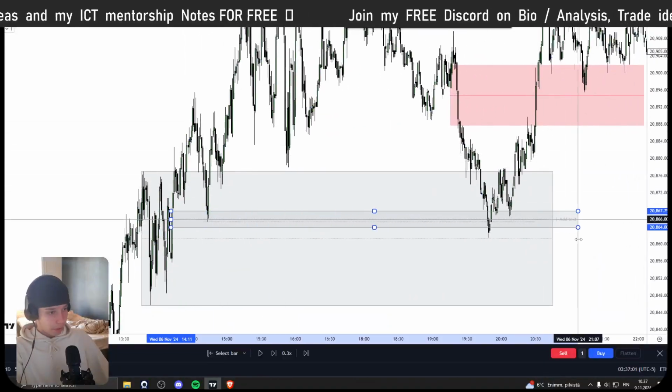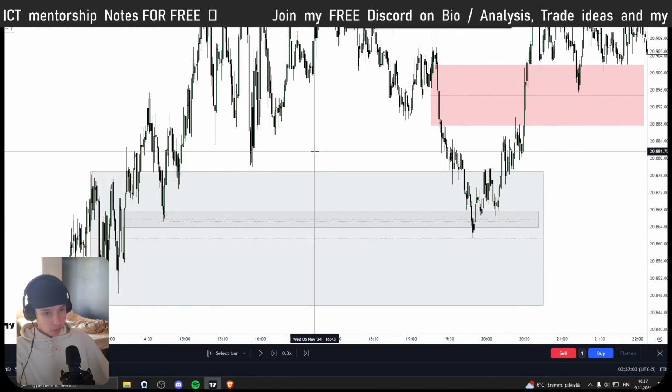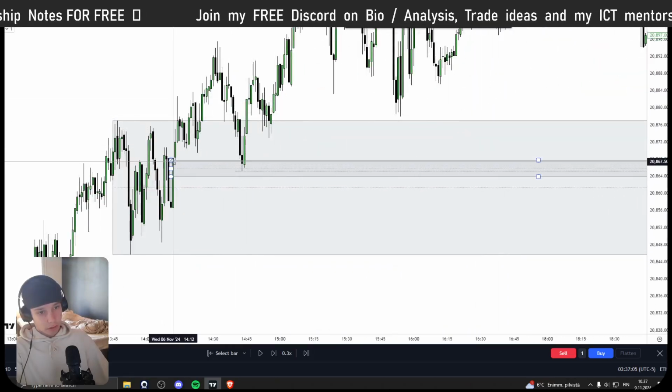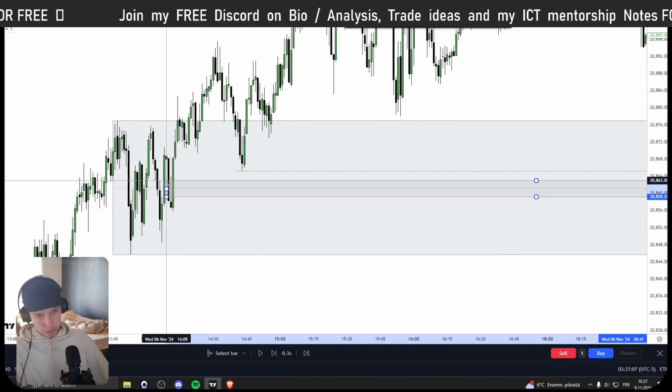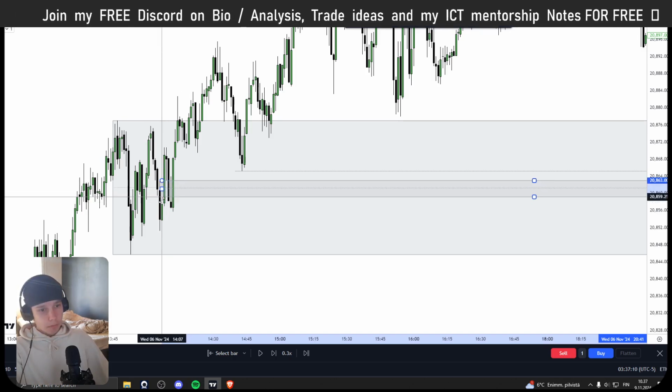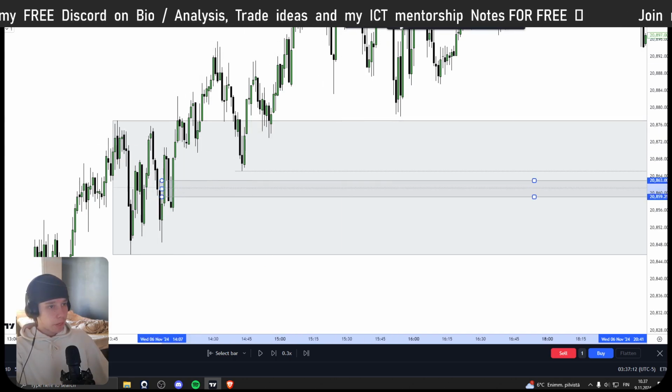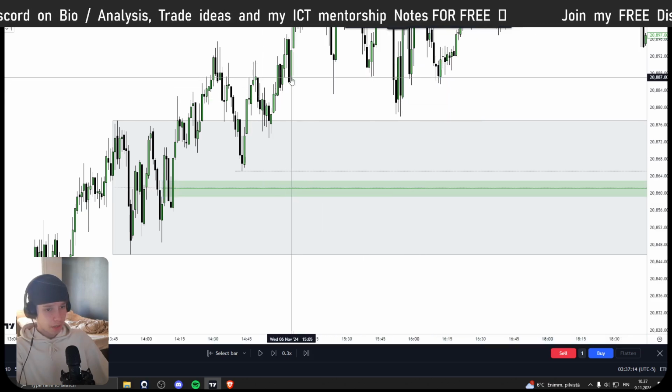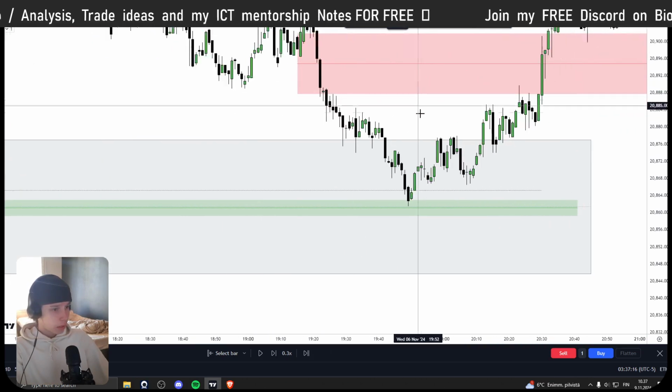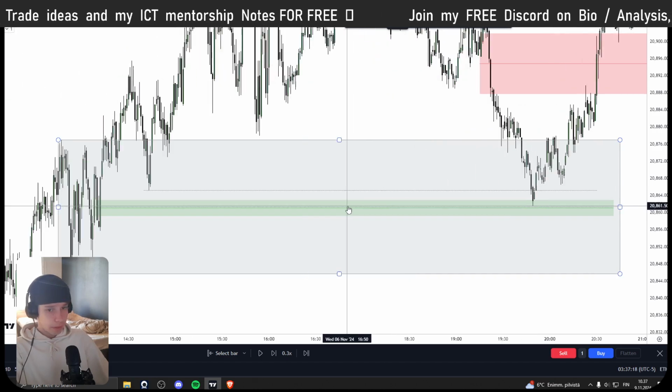We have this fair value gap, which we are kind of respecting, but really what we're respecting here is this reclaimed fair value gap, which is actually busy. And you can see how we trade in that, respect that.